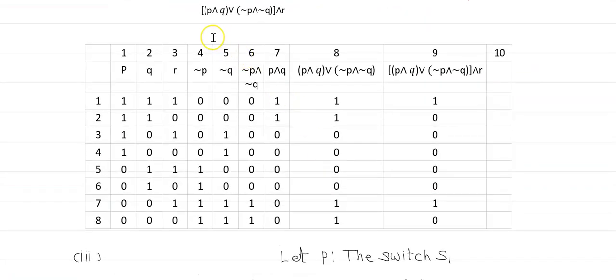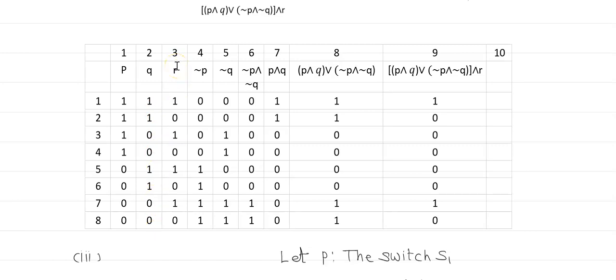Now there are three statements, P, Q, R. Therefore P is treated as 4 times 1, that is 1, 1, 1, 1, next is 0, 0, 0, 0. What about Q? It is 1, 1, 0, 0, 1, 1, 0, 0. It is similar to T T, double F, double T, double F.